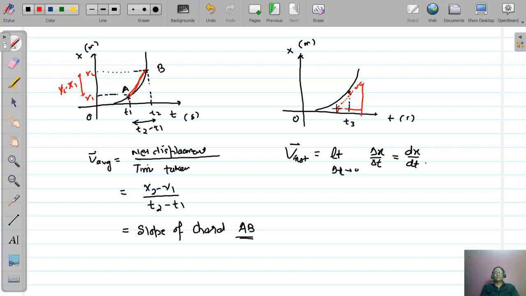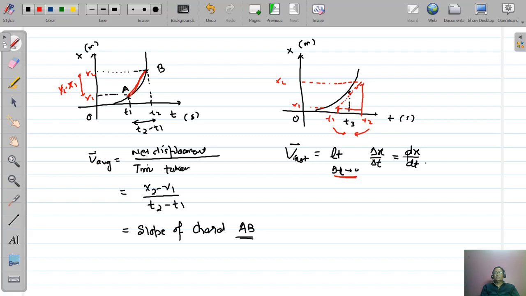So this is t1, this is t2, and this is say x1, and this is x2. So delta x by delta t is x2 minus x1 divided by t2 minus t1. And we take this limiting case of delta t tends to 0. That means we bring t1 and t3 so close that it becomes that particular instant.